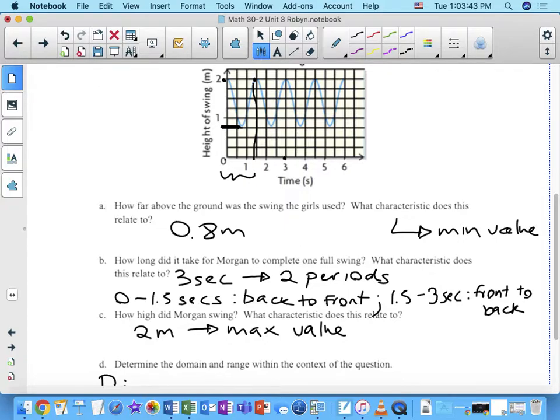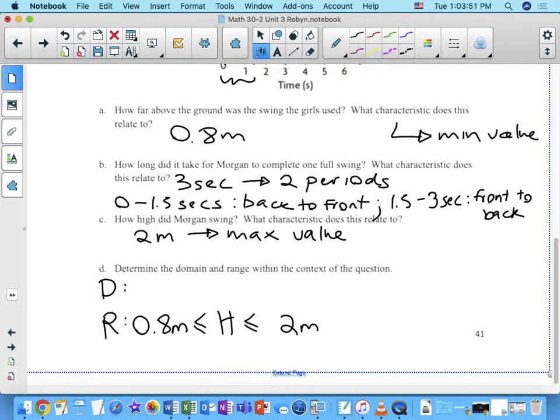So this swing ride only has a duration of 6 seconds. That's the domain. Okay? So domain and range. Domain is 0 is the minimum, 6 is the maximum. We're looking at time. There's my domain. Okay? All right, so that's one situation.